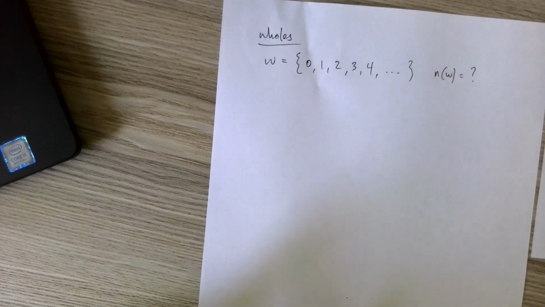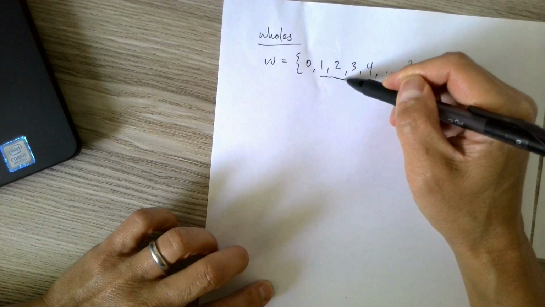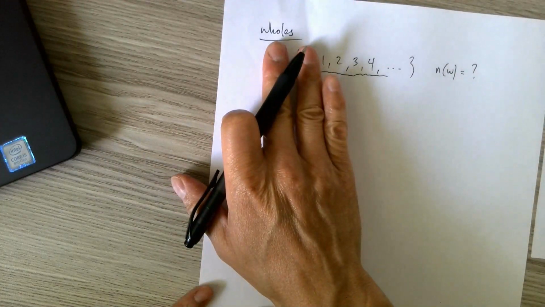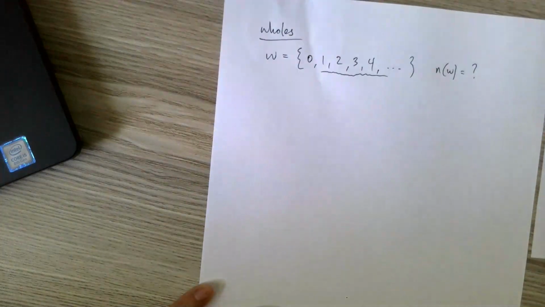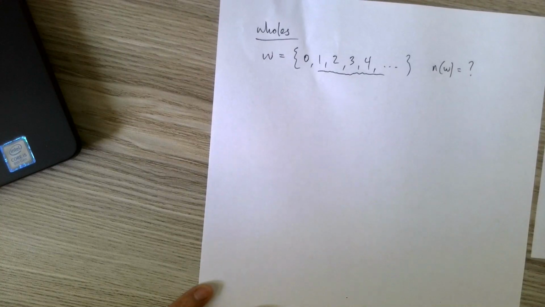And if it's different, are there fewer wholes or more wholes? Well, you can see that the naturals start with 1, and without the 0, we have the naturals staring at us. Wholes has 0. So does that mean wholes has more? Some people say yes. I would say no.